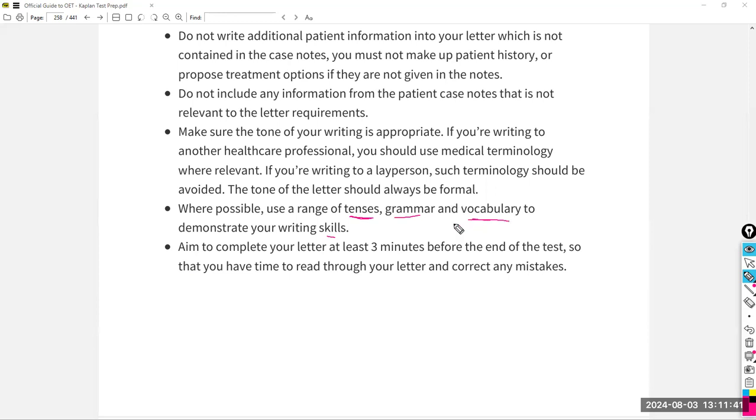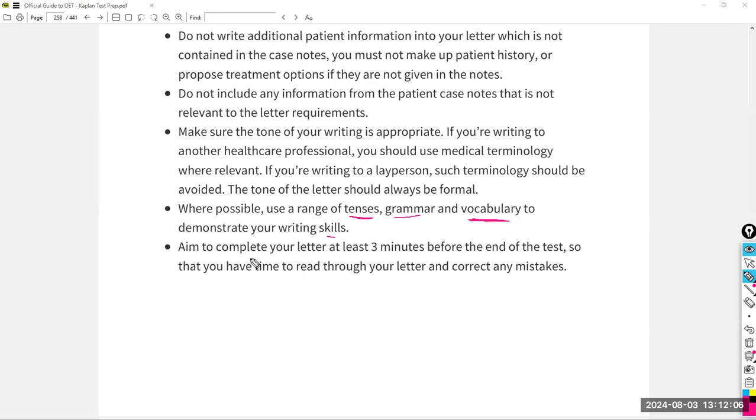Instead of repeating the same vocabulary all the time, try to find synonyms, antonyms. You can mention certain examples concerning the vocabulary, or maybe you want to define the unknown word, but please do not repeat. Repetition is extremely bad in writing the letter in the OET exam.